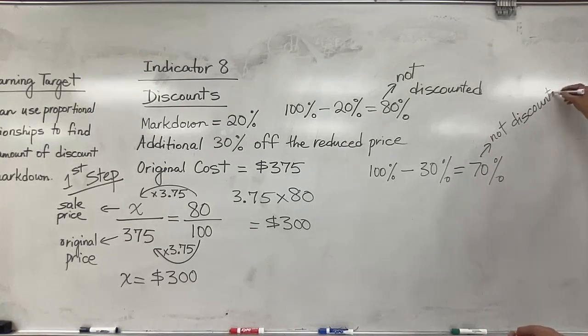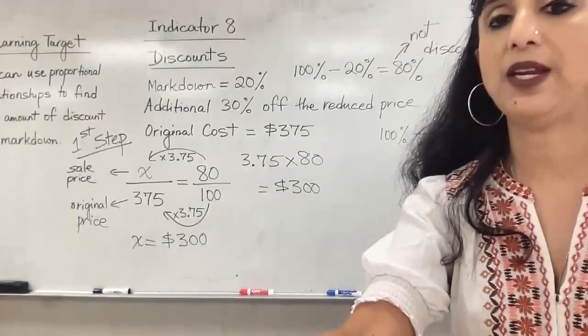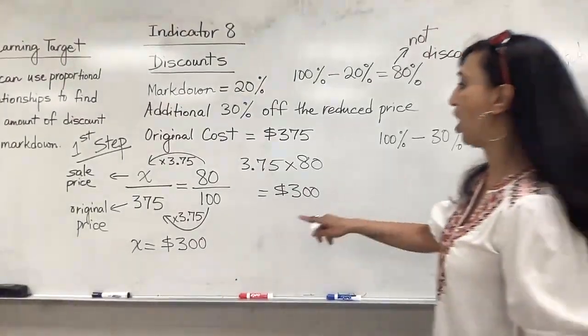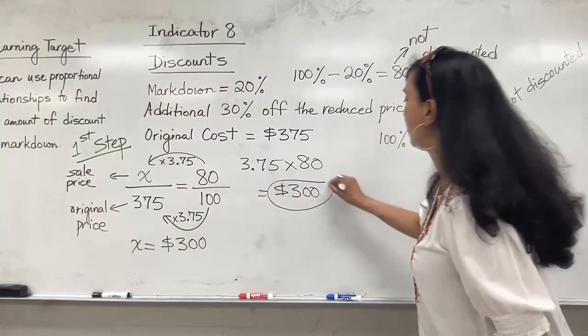Is not discounted. So I'm going to go ahead and write a proportion again to solve using the ratio reasoning. So now my new price is different. Okay, my new price is now different. It is not 375 anymore. What is the new price once it's discounted?